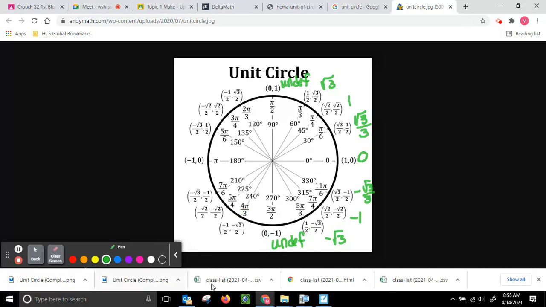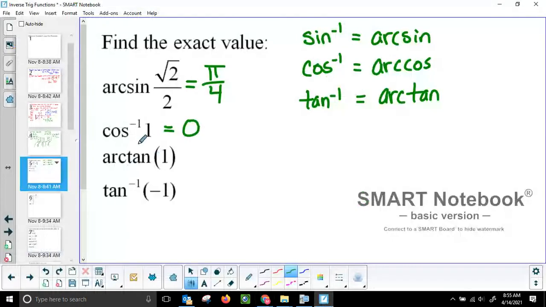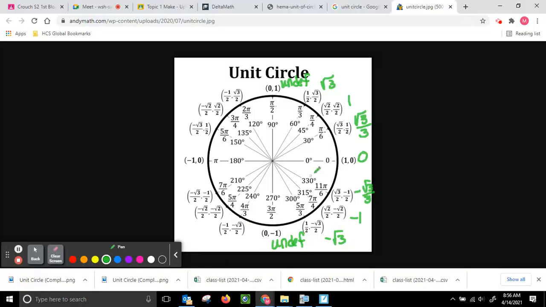So our question asked us, essentially, at what angle is my tangent 1? That's really what all this is asking. So at what angle is my tangent 1 on the right half of the unit circle? Pi over 4, absolutely.